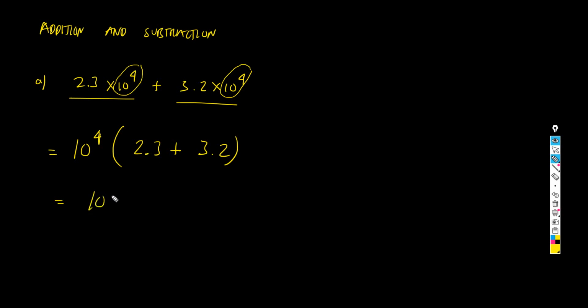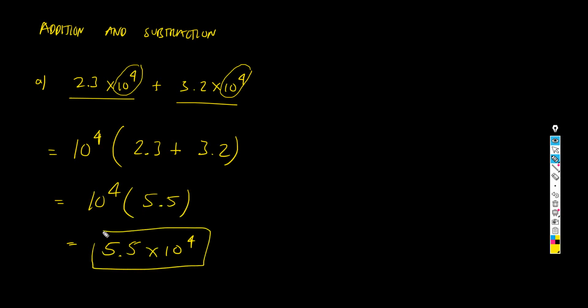So you're going to get 10 to the 4 times 5.5, which is basically the same as 5.5 times 10 to the 4. So we go back to the classic notation. This is already scientific notation. We're not just writing the times, but it's the same. Okay, so we have this. That's how you do it.